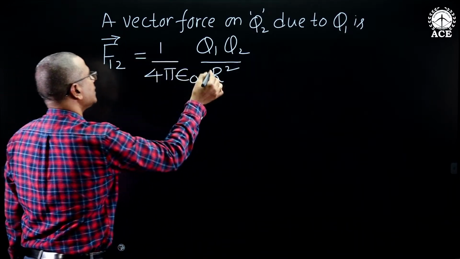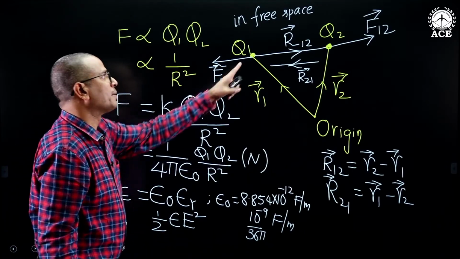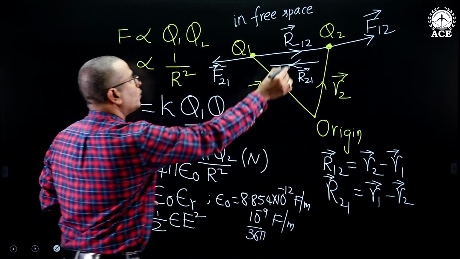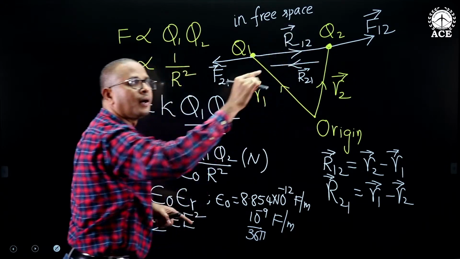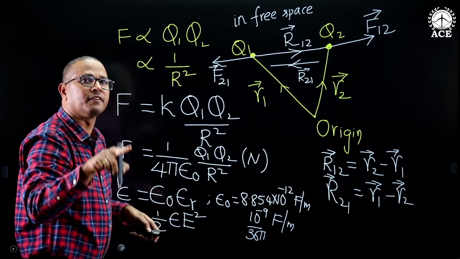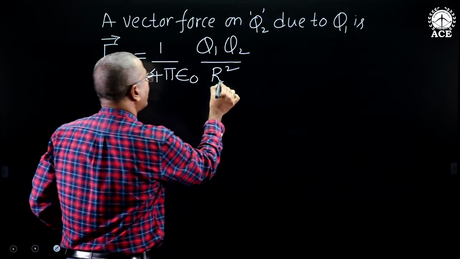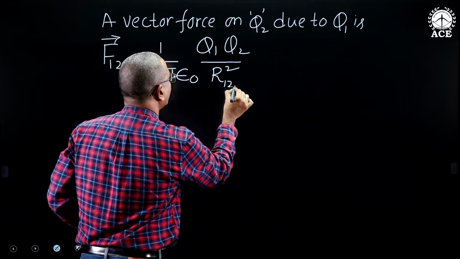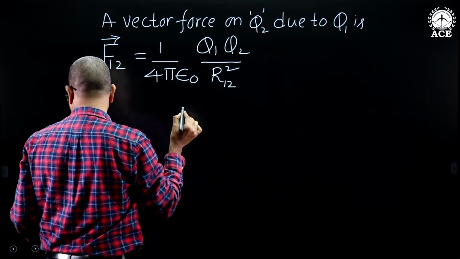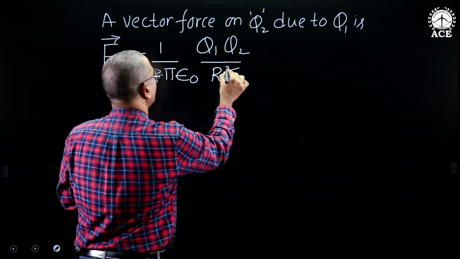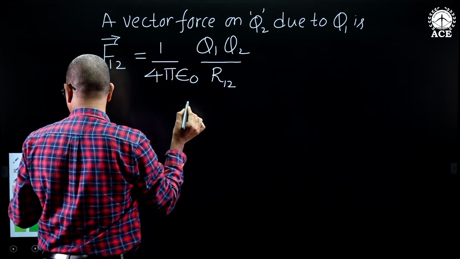But here the distance depends on displacement also. What is the displacement here? R12 bar. If you know the displacement, we can find the distance. The magnitude of displacement is distance. So I must write mod R12.